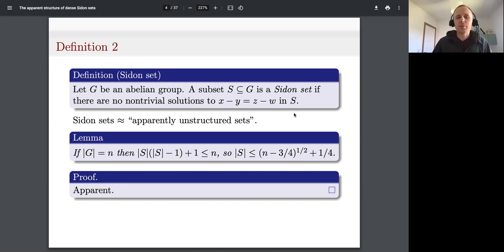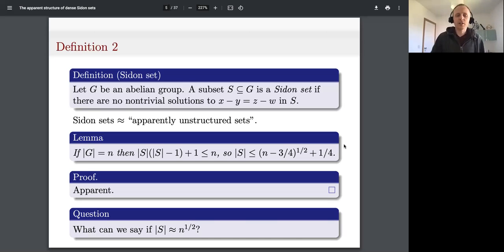So you get a basic upper bound, which says that the size of the set times the size of the set minus 1, that's the number of non-zero differences, plus 1 for 0, must be at most the size of the group. You can solve this quadratic equation, and what it tells you is that the size of the set is at most this expression, which is essentially square root n. So the size of a Sidon set is at most the square root of the size of the group, essentially.